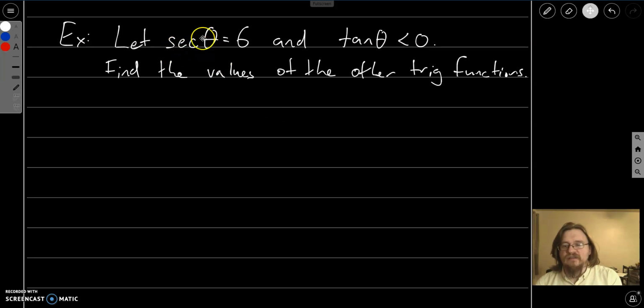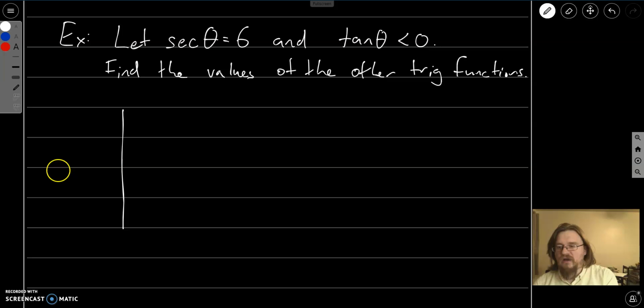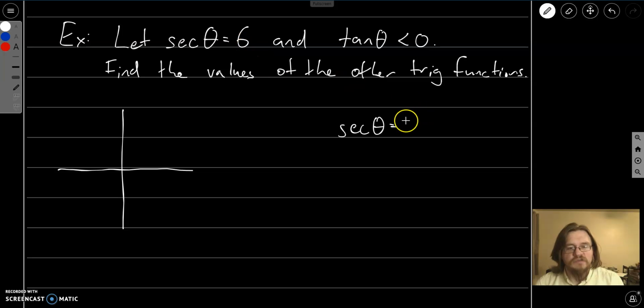So we're going to let the secant of theta be 6, and then we also want the tangent of theta to be negative. So then we want to find the values of the other trig functions. So again, drawing a picture is our best bet. And here we know that the secant of an angle is going to be r over x, and this is going to be equal to 6.